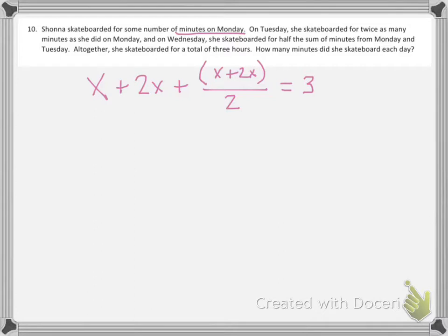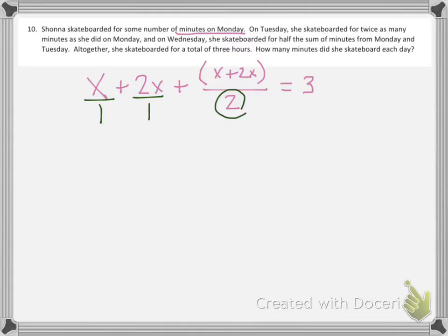What I would like to do is to add all of these terms together if I can, and right now I can't because if we think of x plus 2x over 2 as a fraction, that means my denominator is a 2. If I can make my denominator a 2 for the other two, right now they're 1s, if I made them as fractions, then I could add all of those x's and simplify this a lot.